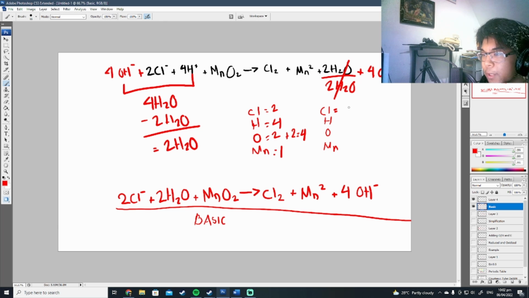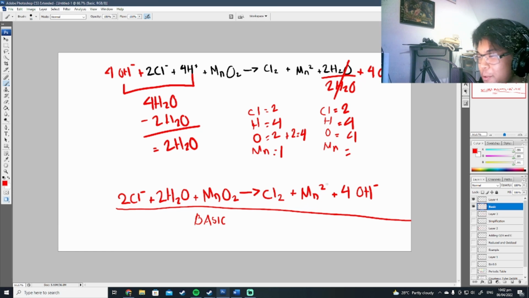On this side, how many Cl do we have? 2. And how many hydrogen? 4. And oxygen on this side, we have 4. And then manganese, we only have 1.